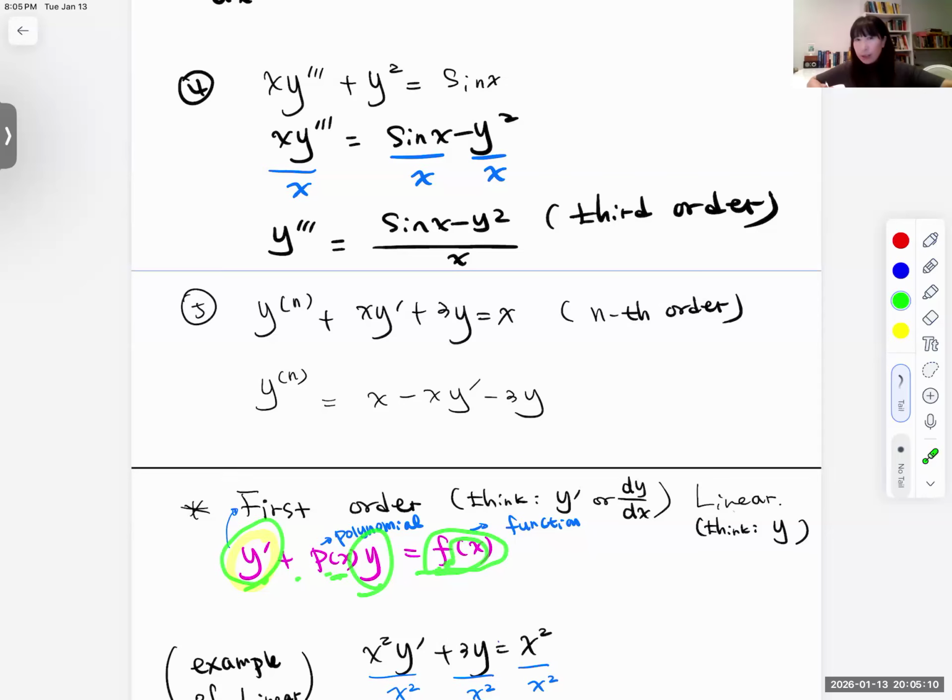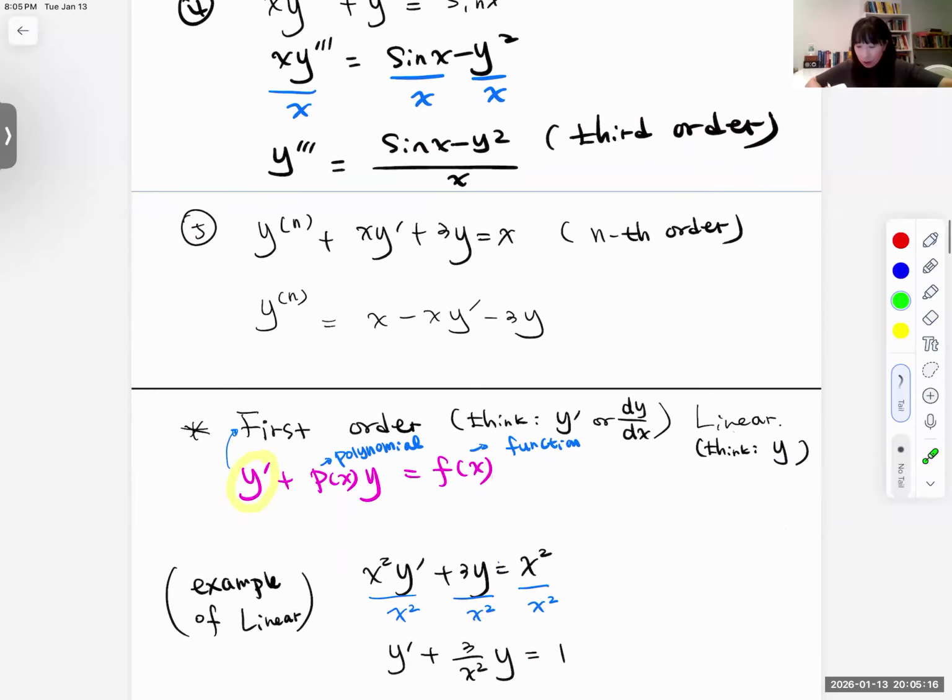So f of x is the given function we had earlier. We have a polynomial p of x, using the first letter p. In first order linear, y to the first power is linear. Y squared is not linear, that's a parabola. Y to the third power is not linear either. So linear is just y. Make sense?